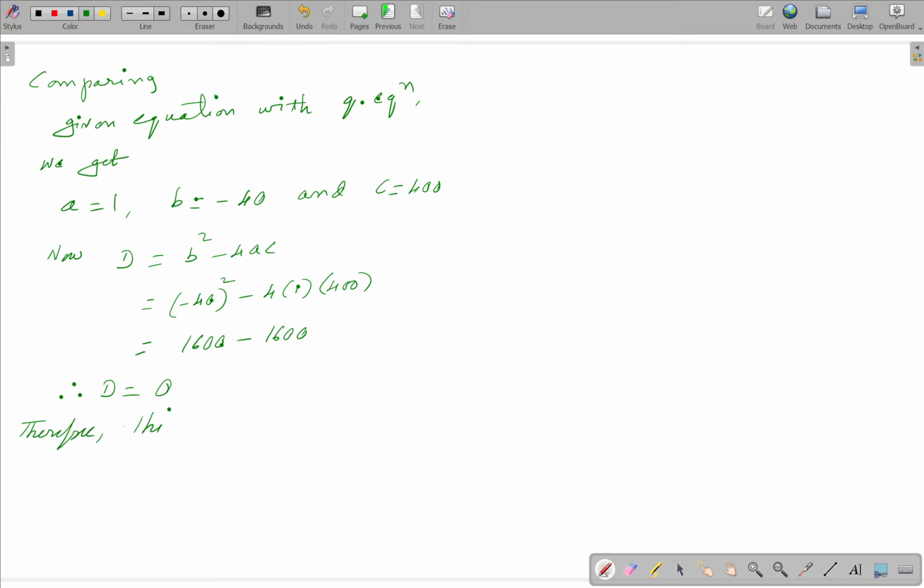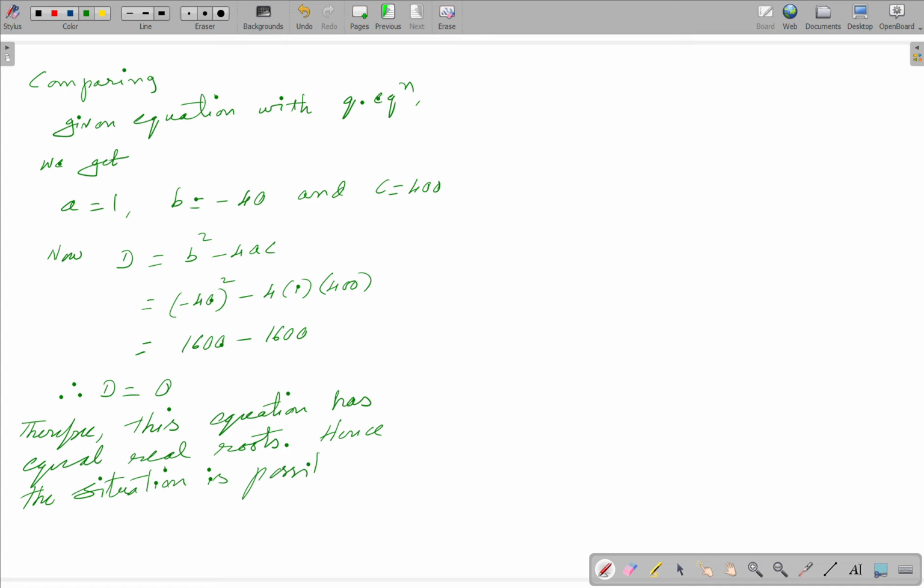So this equation has equal real roots, hence the situation is possible.